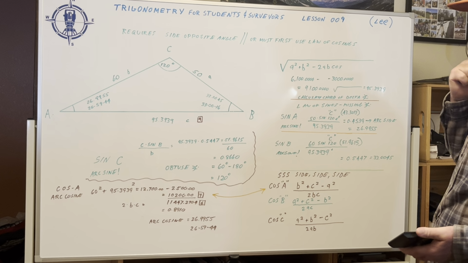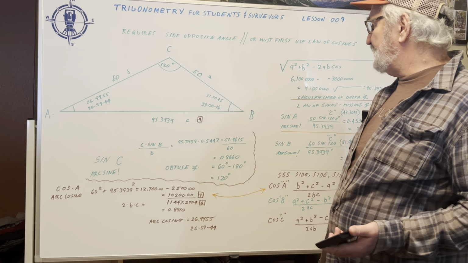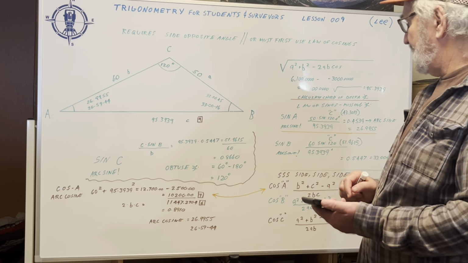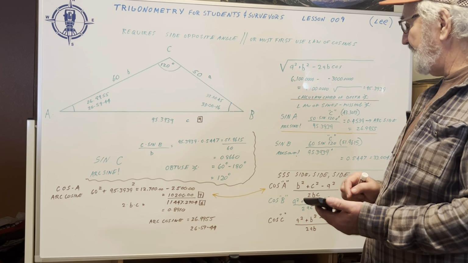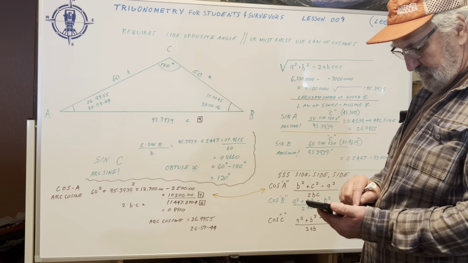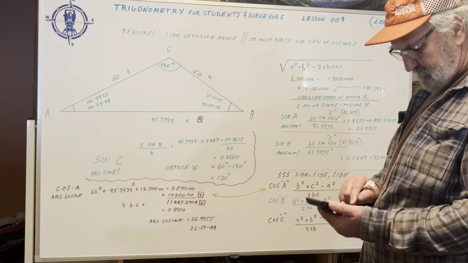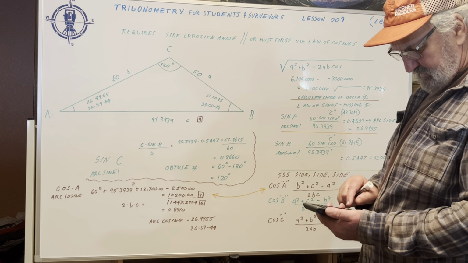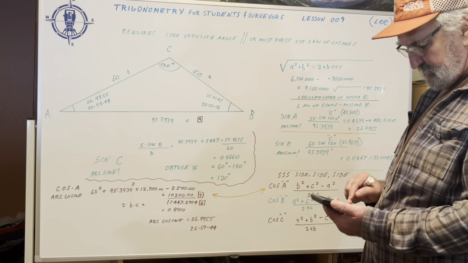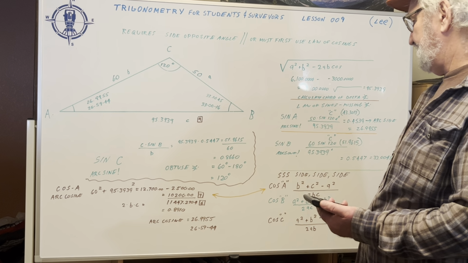Okay, now that is, and then over the sine of B, and that's going to be 330045. And that is the sine of that times 51965.